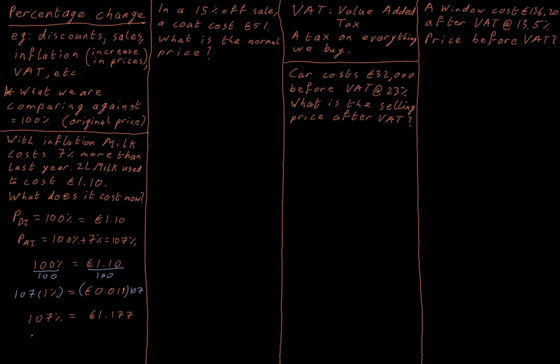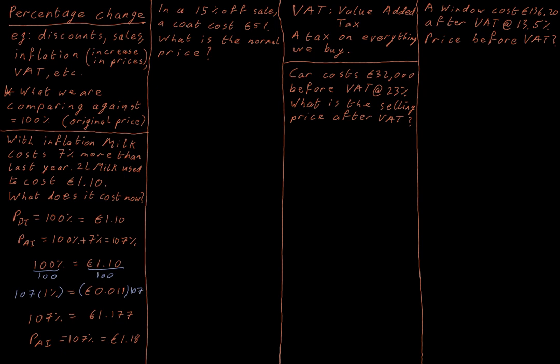So our final answer, our price after inflation, our 107%, is €1.18. We've rounded up here because we have 7, so that rounds to 8. So that's what we did. We figured out what 100% was, we figured out what our goal was, and then we were able to get to our goal from where we'd started.